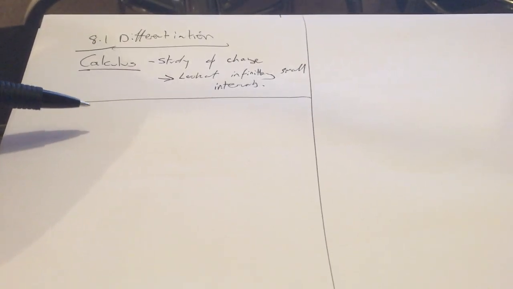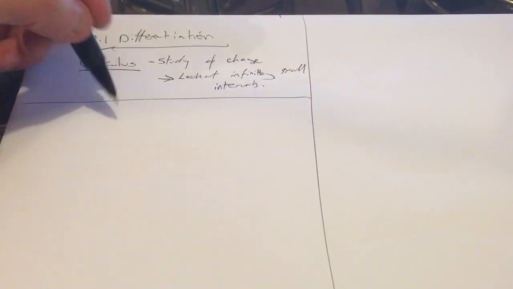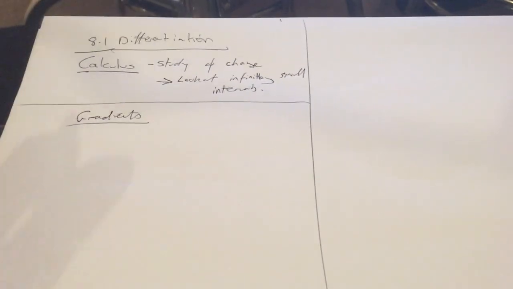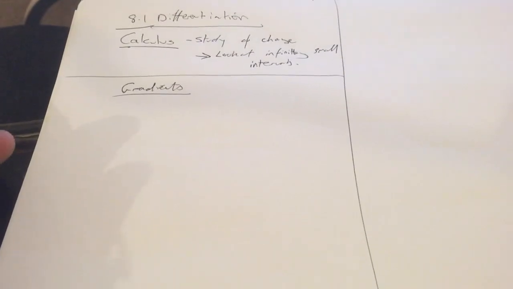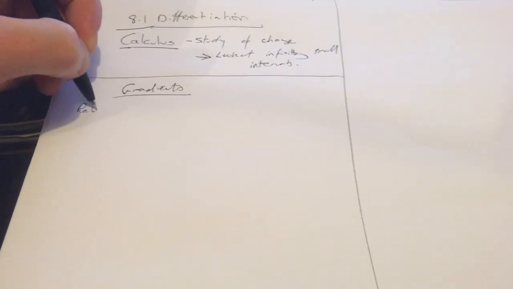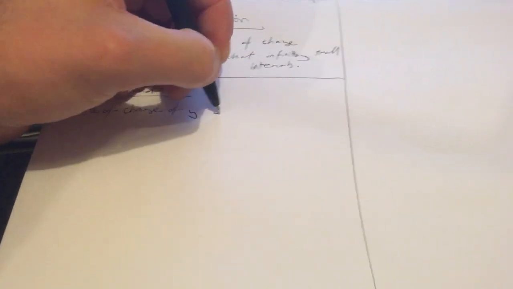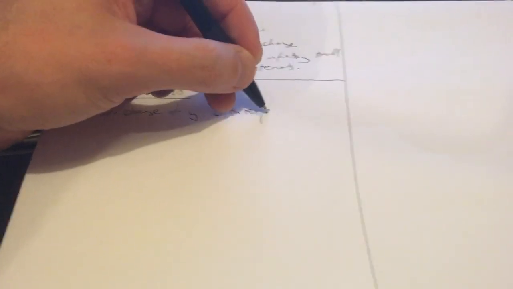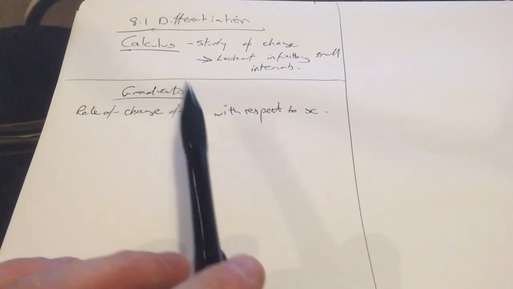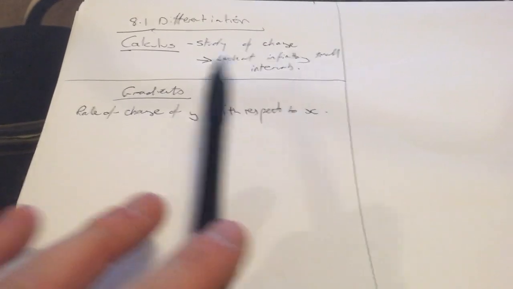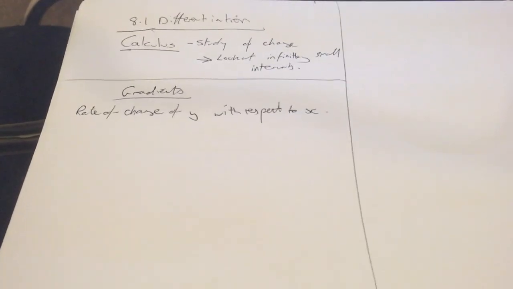So we'll start off talking about gradients again, so a quick recap of when we looked at gradients in coordinate geometry. So remember, gradient is a rate of change of y with respect to x. So it's how y changes when you change x. If you make a little change in x, what that does to our y values.